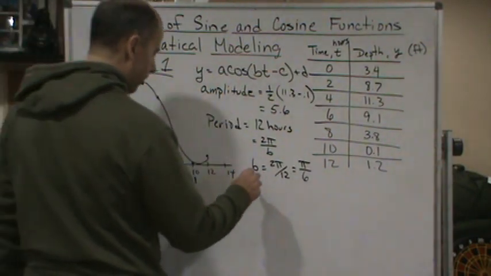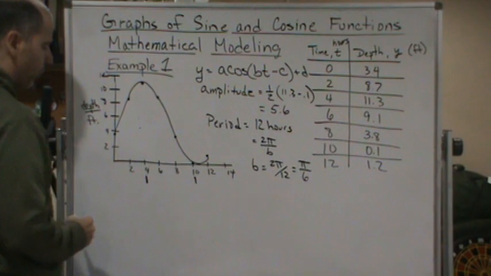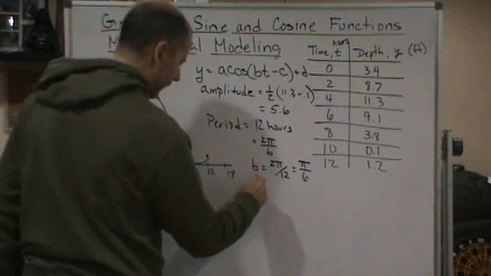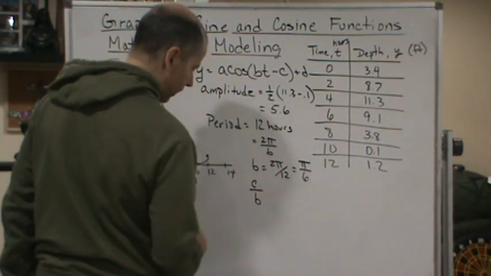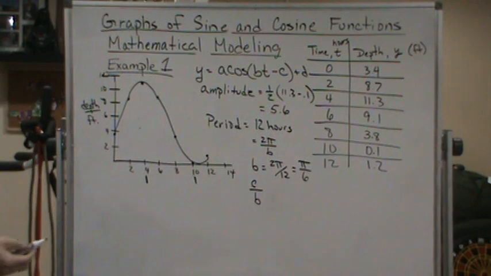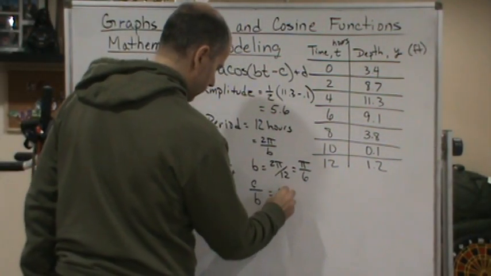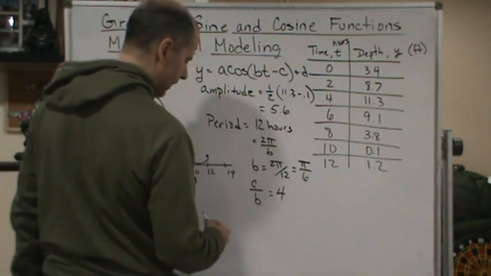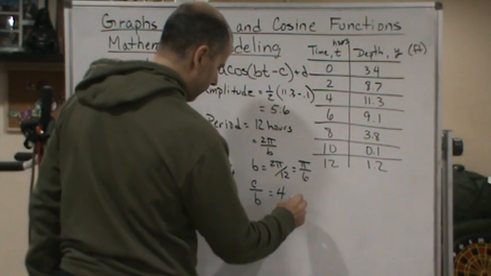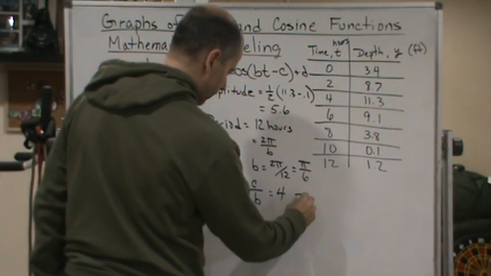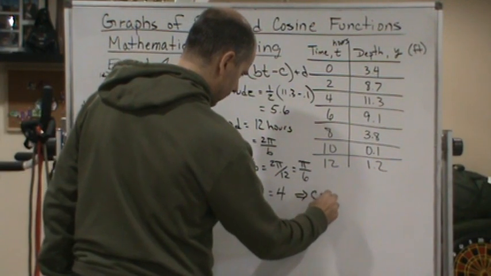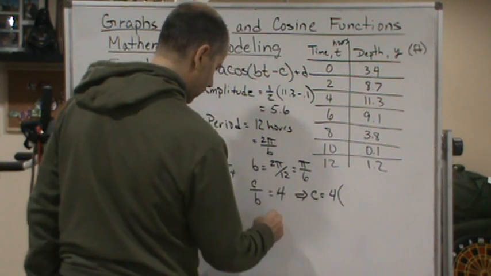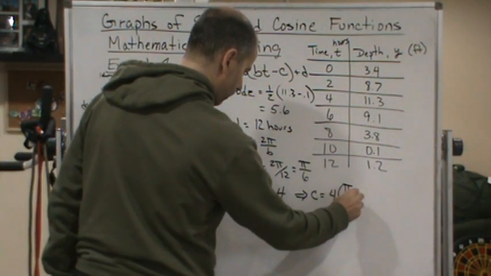So I would say the left end point is going to start at 4, which also means that C over B, C divided by B, which is our phase shift, equals 4. Well, if we know B is pi over 6, that implies that C is going to equal 4 times pi over 6.